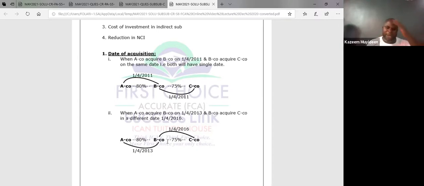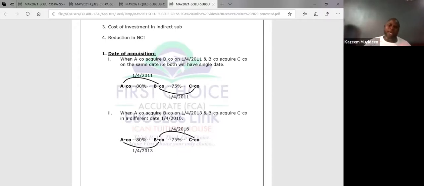If you look at it very well, ECO does not have control over SICO in 2013. He only has control in SICO in 2016 when BICO acquired SICO. This will have two dates. ECO to BICO, 1st April 2013. ECO to SICO, 1st April 2016.